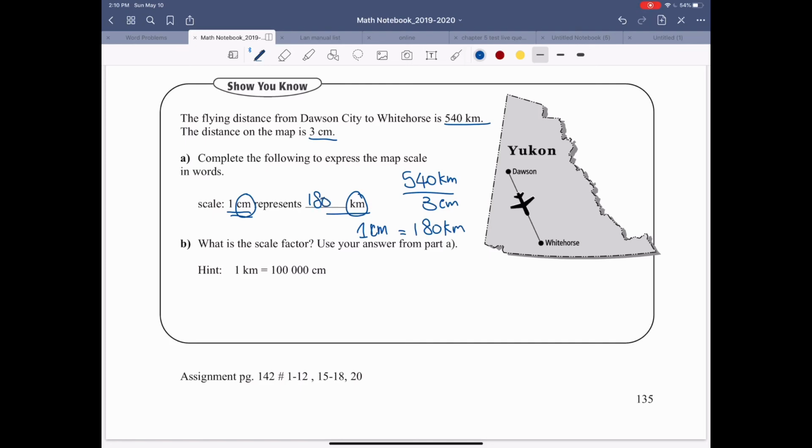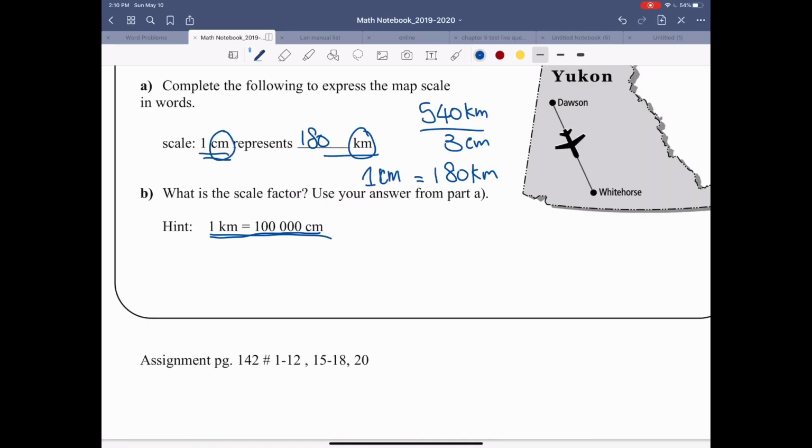What is the scale factor using your answer from part A? When they ask about the scale factor, you have to make sure the top and bottom numbers are in the same unit, so now you have to change the unit. They give you the conversion here: 1 kilometer equals 100,000 centimeters.